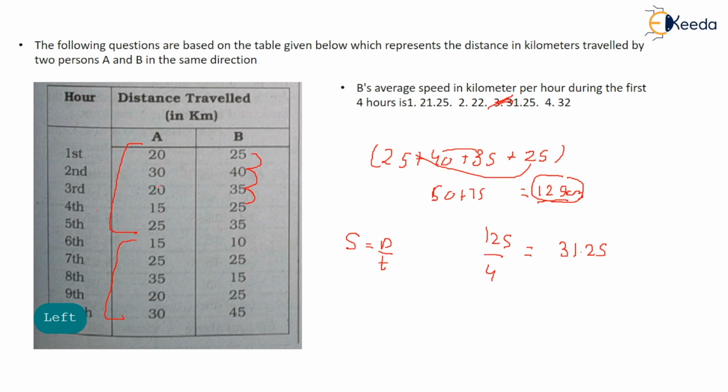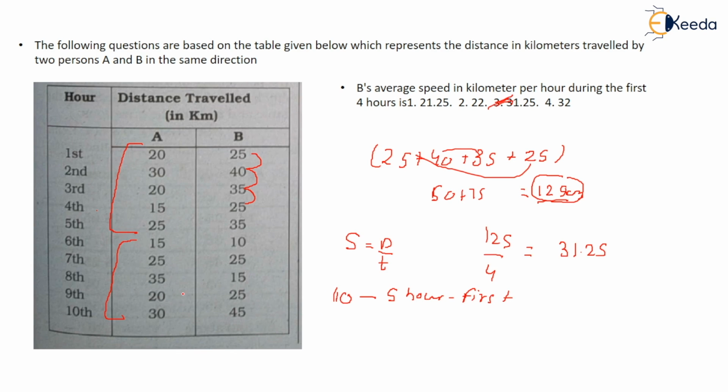So if you add the above one, this comes out to be 20 plus 30, that is 50. 50 plus 20, 70. 70 plus 40, so this comes out to be 110 for the first 5 hours for A, right?